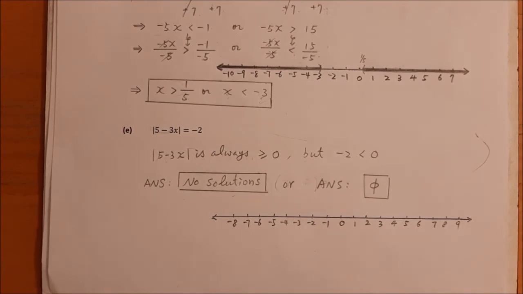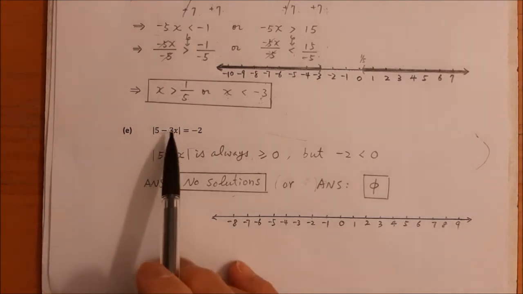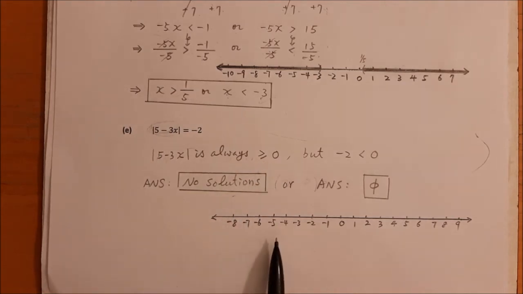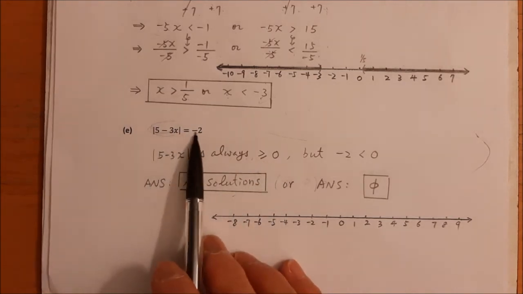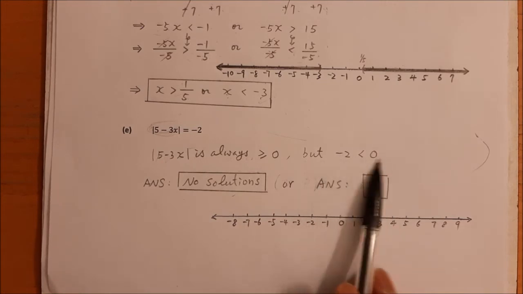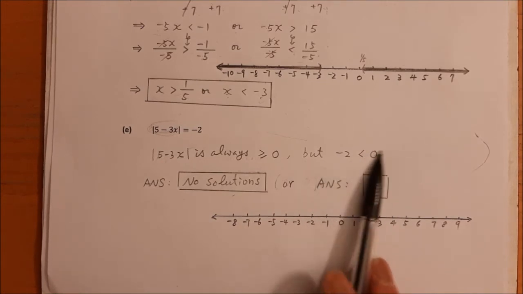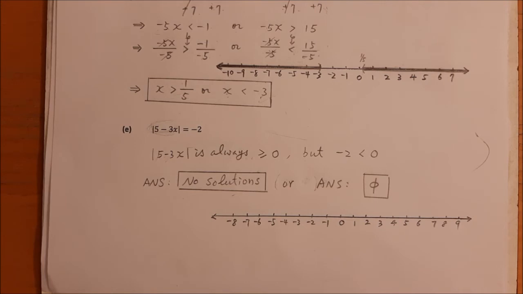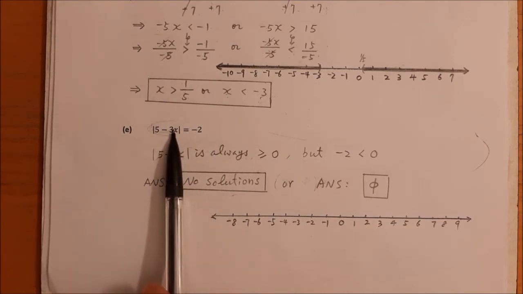So this side is always positive or 0, and it's never equal to a negative number. Equal to a negative is impossible, so there is no such x.